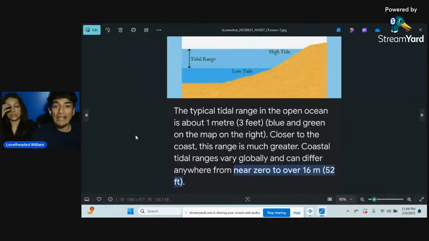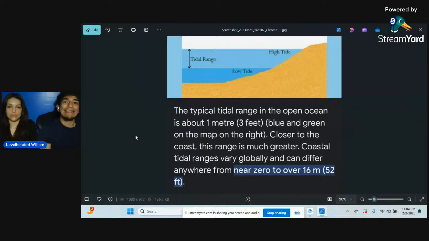The typical tidal range in the open ocean is about 1 meter, which is 3 feet. Closer to the coast, this range is much greater. Coastal tidal ranges vary globally. Again, they use this word global, but the Earth is not a globe. It can differ anywhere from near zero to over 16 meters, so over 52 feet.